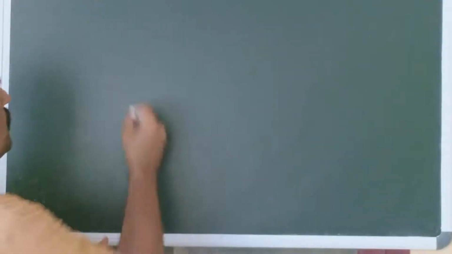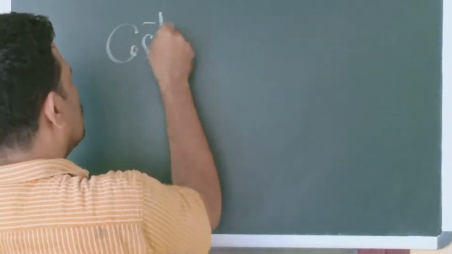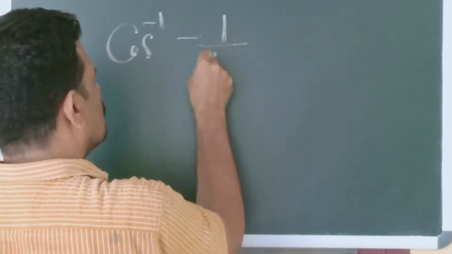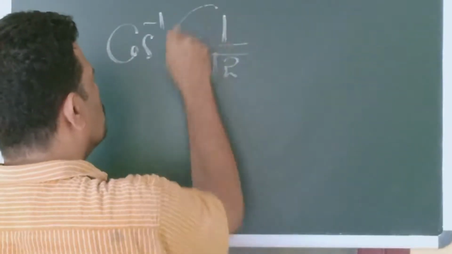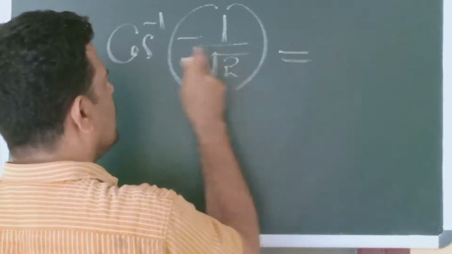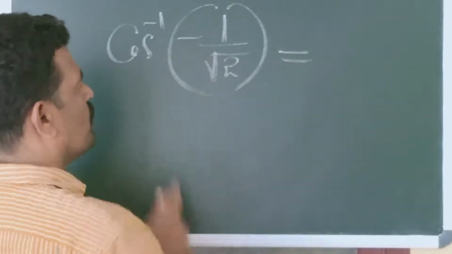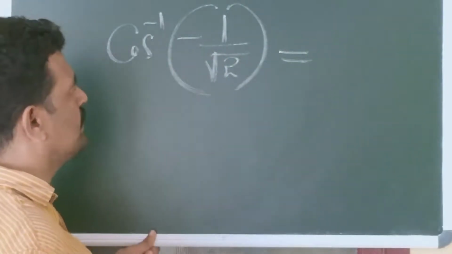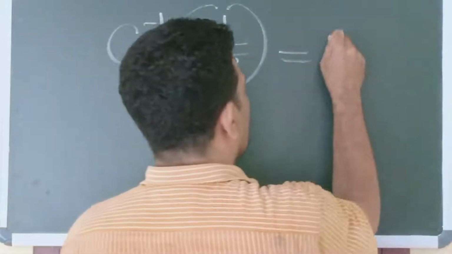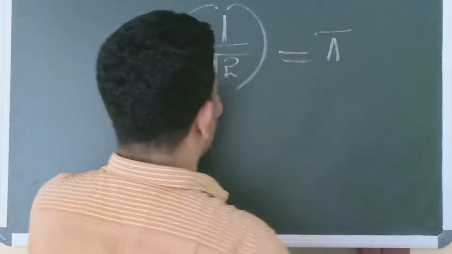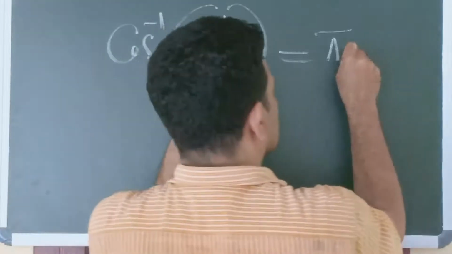Now the next question is cos inverse of minus 1 by root 2. Here we can see that there is a negative sign, therefore we have to apply property 3. According to property 3, cos inverse of negative x equals pi minus cos inverse x.